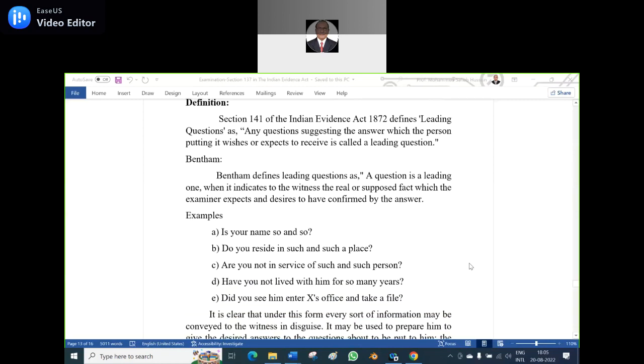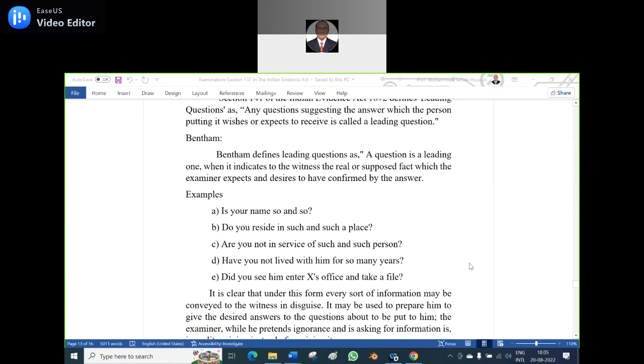Like the example given over here, which I highlighted: Is your name so and so? For instance, you can say, are you Professor Mohammed Saheb Hussain?